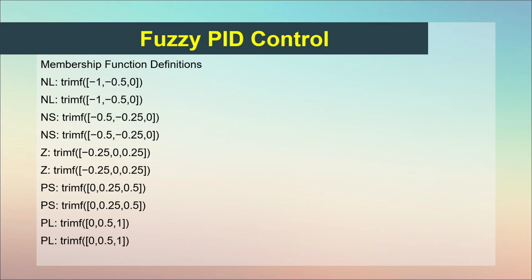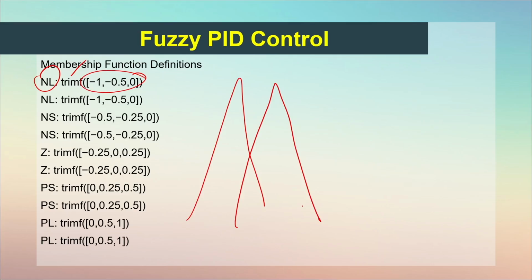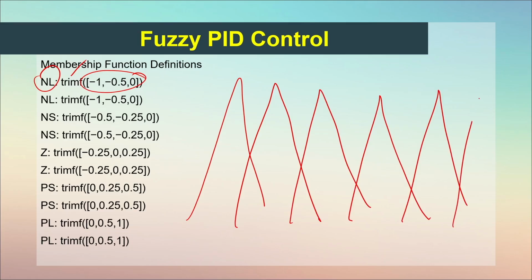So, how are these membership functions defined? Negative large using the triangular membership function, and these values are associated with it. So, negative large, negative small, zero, positive small and positive large.